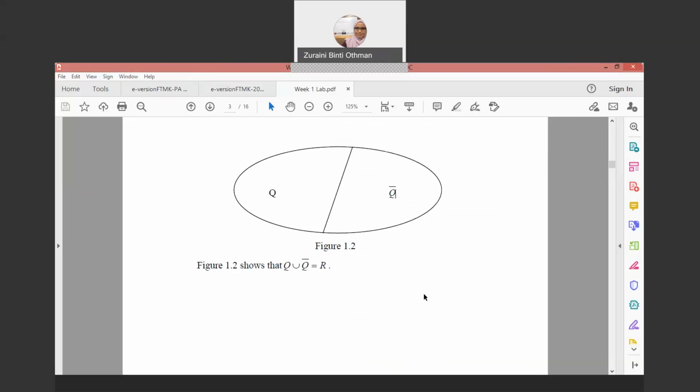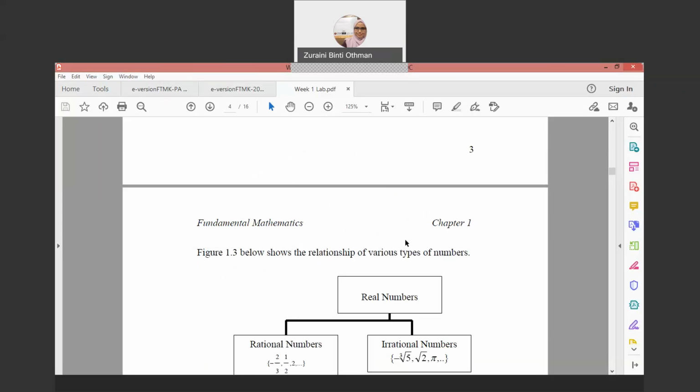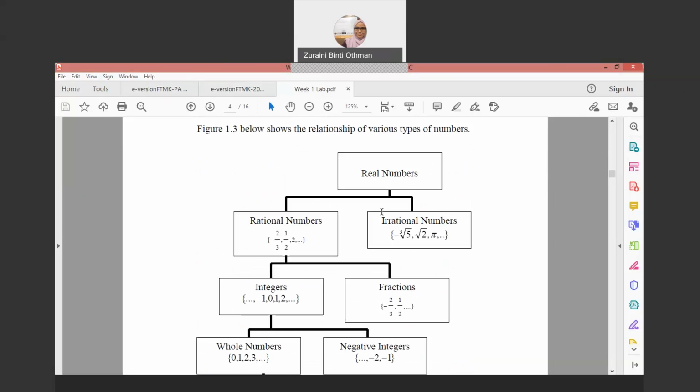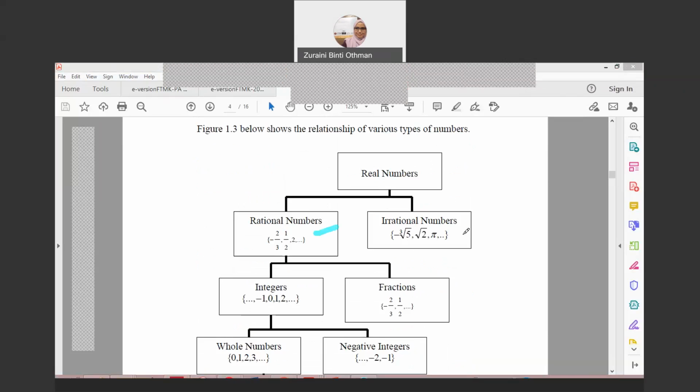All these numbers we call real number. Okay, this is the relationship between real numbers. Inside the real number there are two types, which are rational and irrational number. Inside the rational number there is integer and fraction.